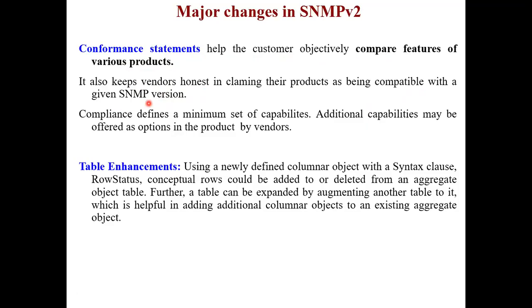See, SNMP will work when the devices are SNMP enabled. For non-SNMP, like version 1 and version 2, if both components are there, we require a converter. A proxy server, or later on we will see a bilingual manager, which will convert a version 1 packet into a version 2 packet, and a version 2 packet into a version 1 packet. So I need to buy all those equipments. Here, by this conformance statement, we make sure that the products are compatible with the SNMP version.